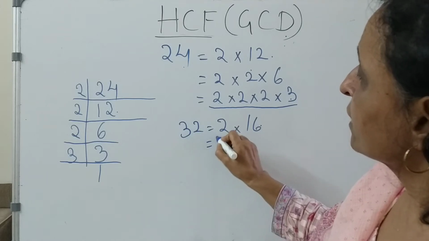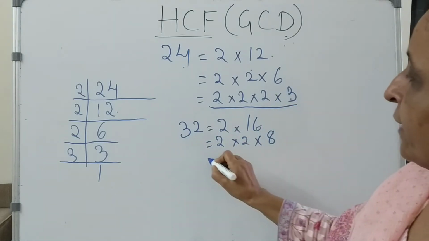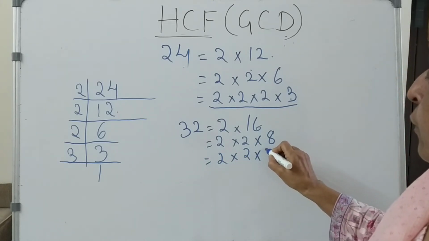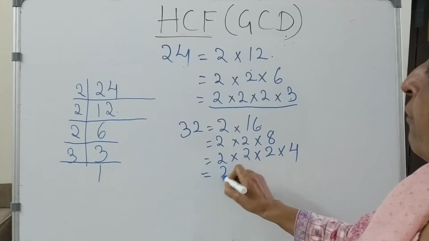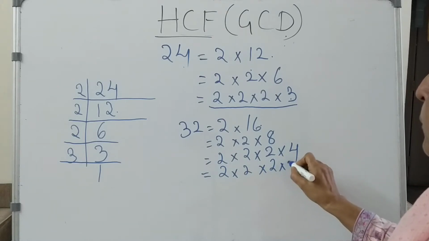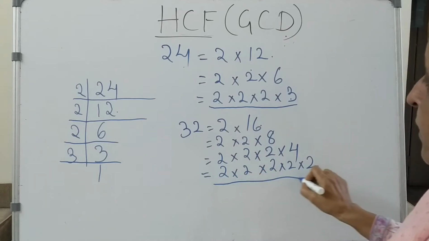Now this 16 can be further factorized 2 into 8. Now 8 I can write 2 into 4. Now here further 4 I can factorize 2 into 2. So now this is factorized.